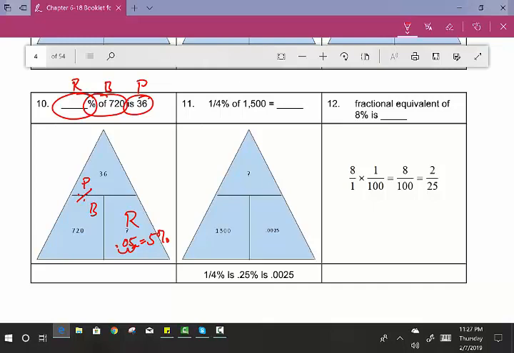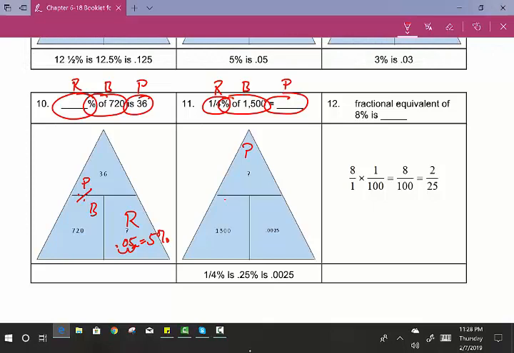We have a fractional percent on number 11 again, so we'll identify the parts first, which the percentage is the rate. The number that follows percent of is your base. The number associated with is or equal is your part. So we are solving for the part, which equals base times the rate.